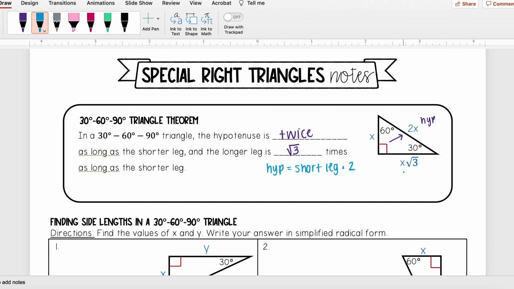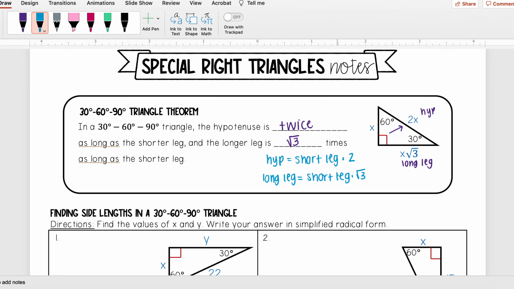And the long leg, which is right here, the x times square root of 3, is going to be equal to the short leg times square root of 3. So I would recommend using these two equations when you're setting up doing the problems below to kind of help you know where to plug in your information.